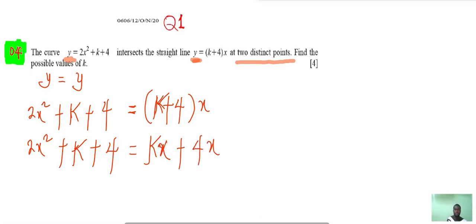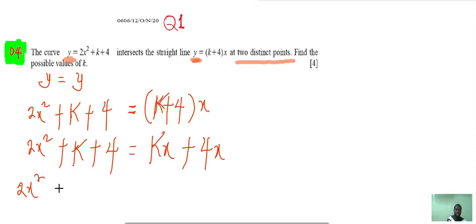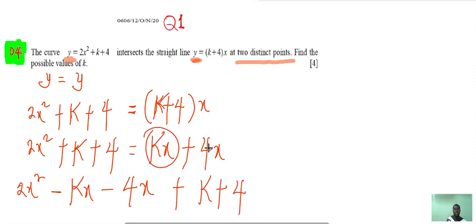Let's transfer all the expressions on the right to the left: 2x squared minus kx minus 4x plus k plus 4, equals 0, with nothing left on the right.